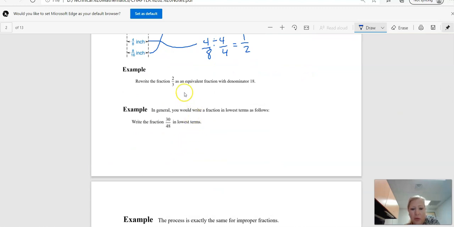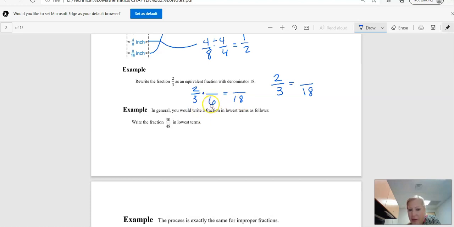Rewrite the fraction 2/3 as an equivalent fraction with a denominator of 18. So what they're saying is, we're starting out with 2/3. They want the denominator to be 18. So what would I have to multiply 3 by to get 18? 3 times what is going to give me 18? 6, right?